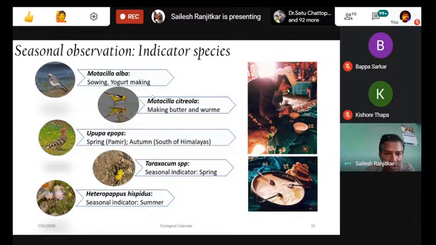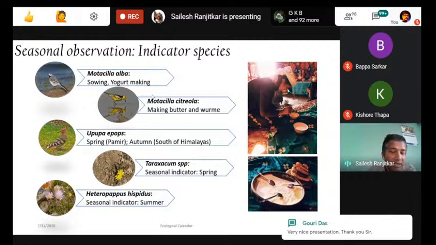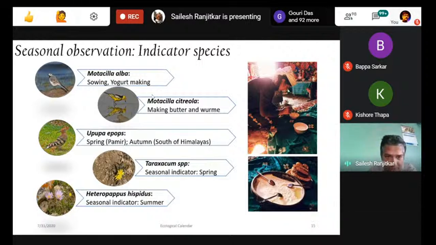Similarly, the hoopoe is an indicator of the arrival of spring, especially in the Pamir, whereas the same species in the southern part of the Himalaya is an indicator of the arrival of autumn, because their migration time fluctuates with the season.